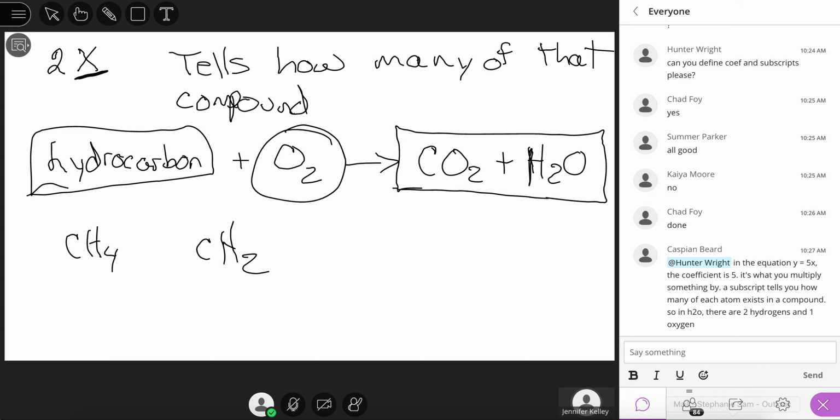All right, and the next thing that we're going to do is an example. So let's say we have methane, and it's a gas, and we have oxygen, and it's a gas.